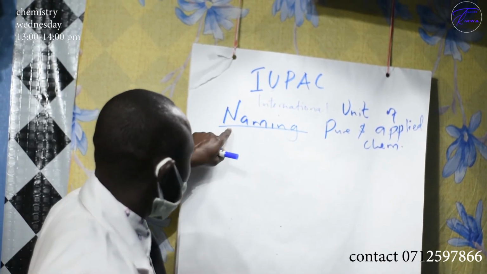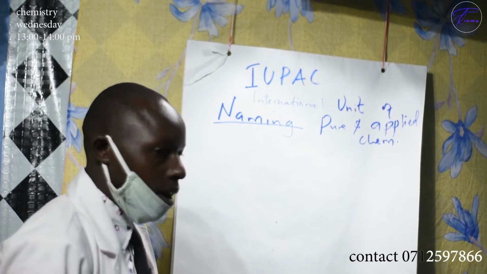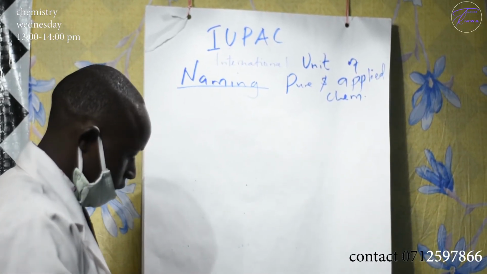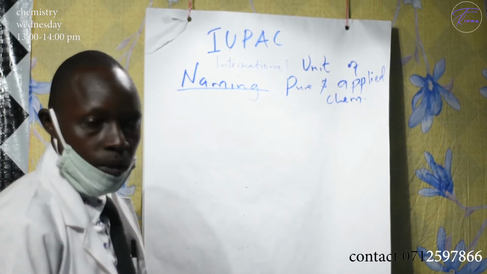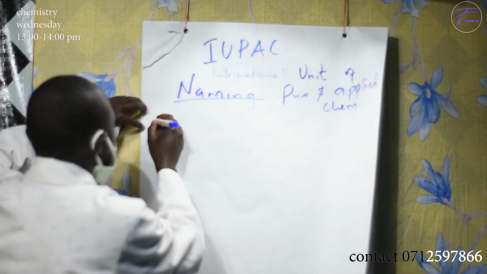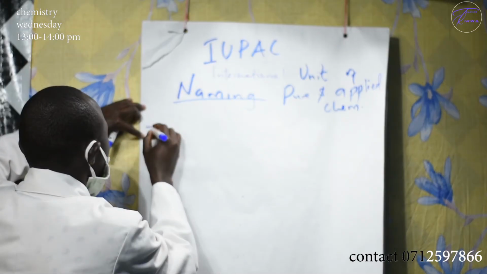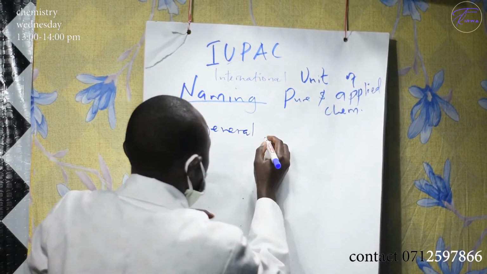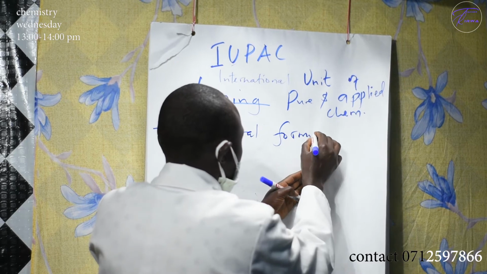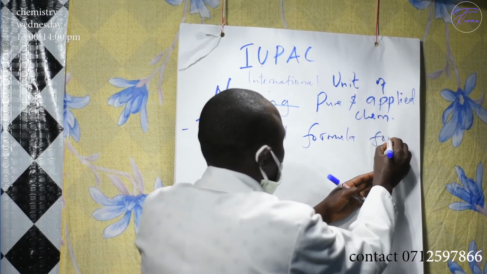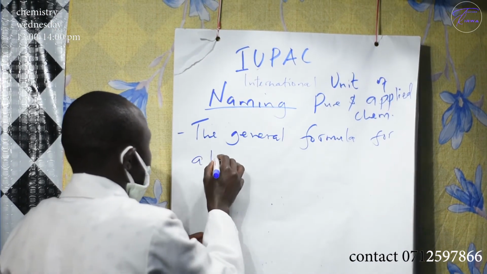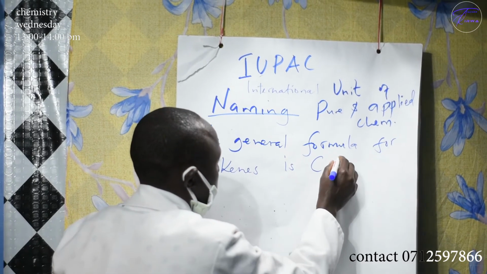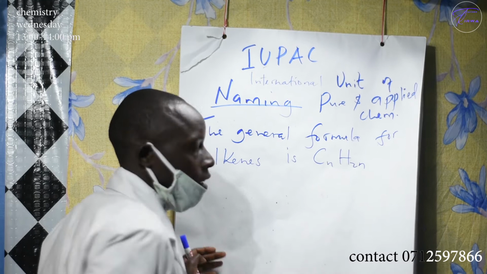Now, we mentioned in our last subtopic, there is one point I forgot. Let me write it here. The general formula for alkenes is CnH2n.